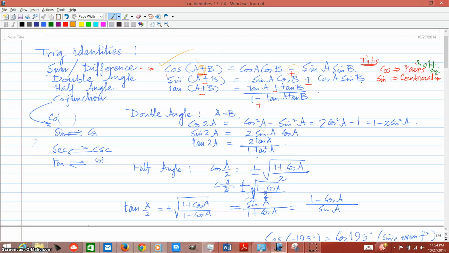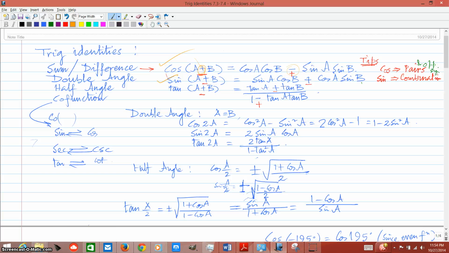For sine function, if you write down the sine of A plus B, it is sine A cosine B plus cosine A sine B. It's pretty simple to remember. It maintains the sign as well as it is a combination of both sine and cosine function.